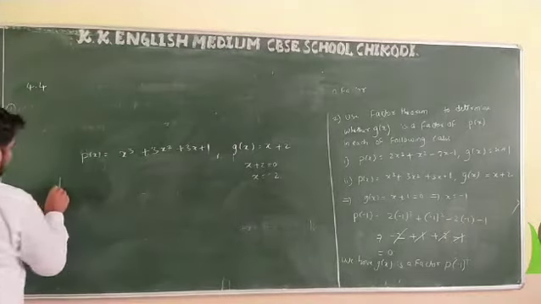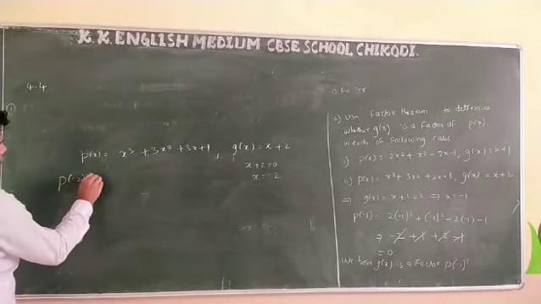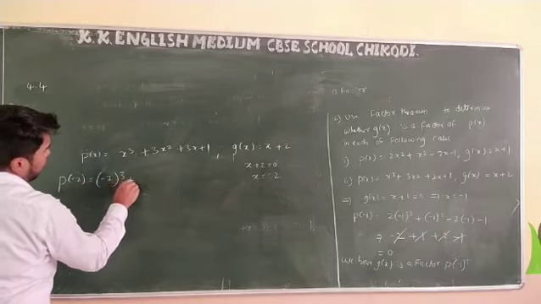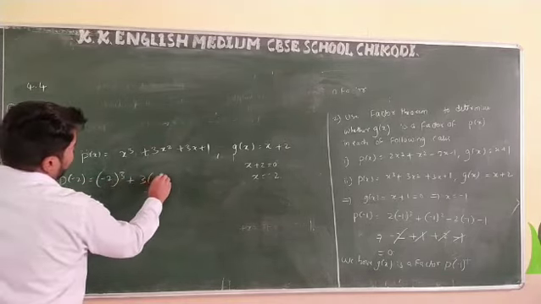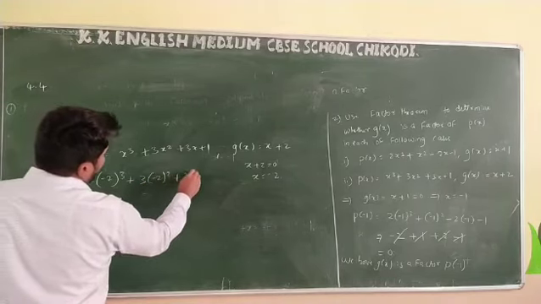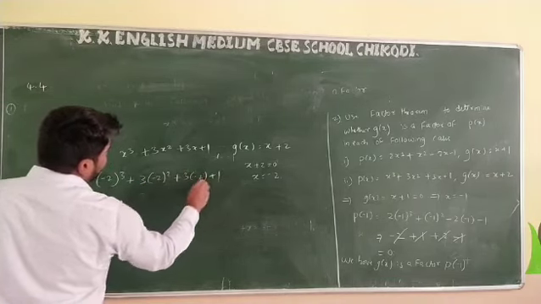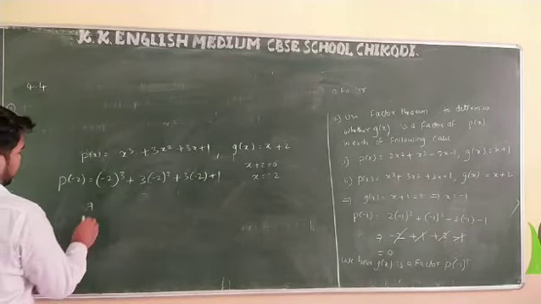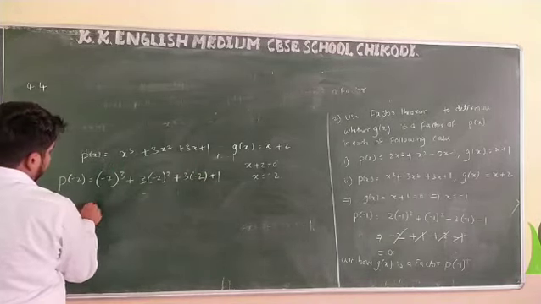So just substitute here, p of minus 2 is equal to minus 2 whole cube plus 3 of minus 2 whole square plus 3 of minus 2 plus 1. Okay, so see here, this you will get as minus 8.